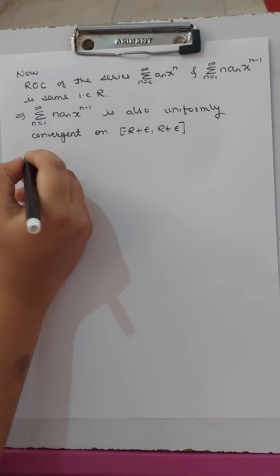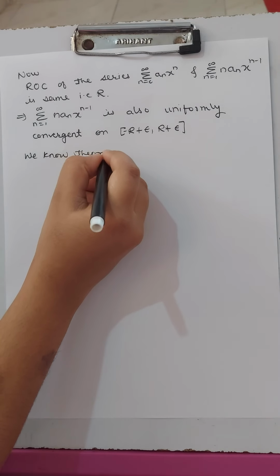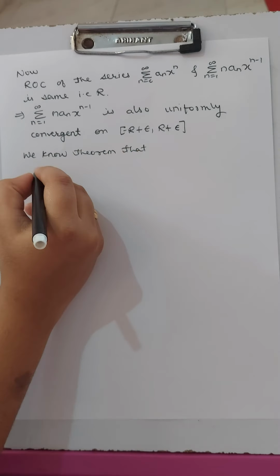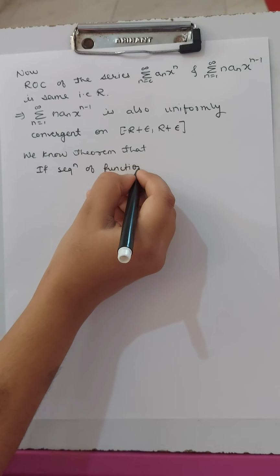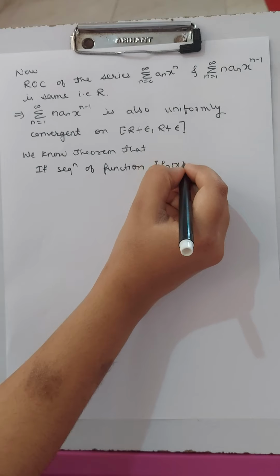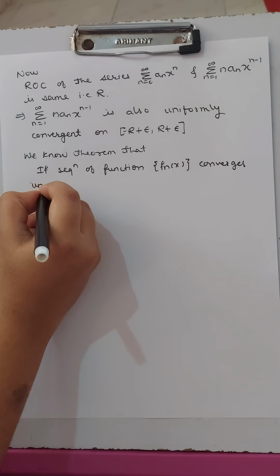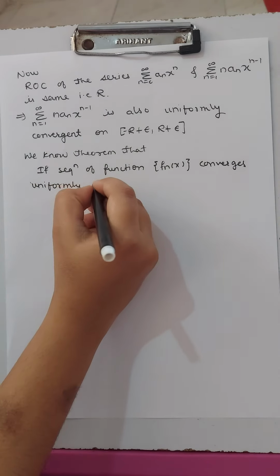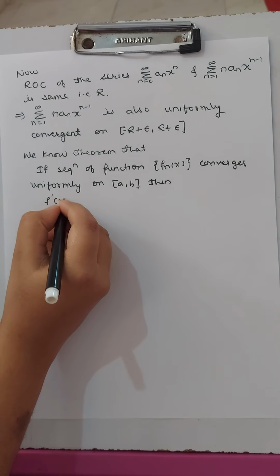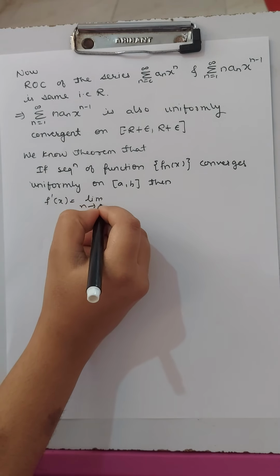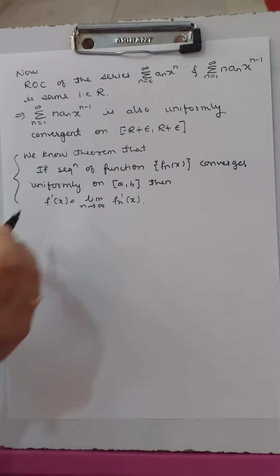Also we know one theorem that if a sequence of functions fn of x converges uniformly on the interval [a, b], then f dash of x is equal to the limit as n tends to infinity of fn dash of x. We have proved this theorem in unit 2.